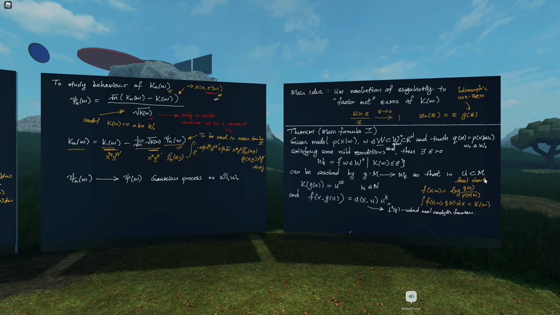Concretely, that means that we have a power series expansion in u with coefficients in L^s. L^s is the space of norm s integrable functions. Okay.